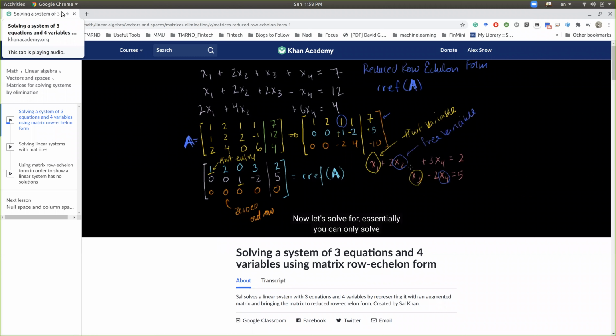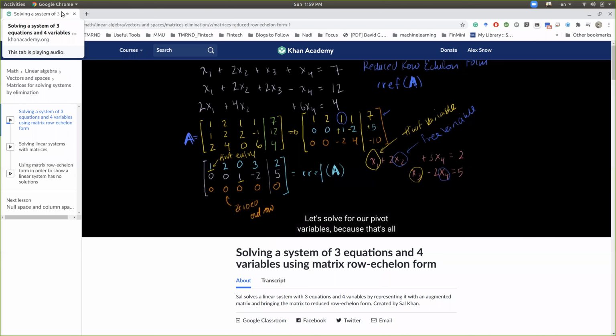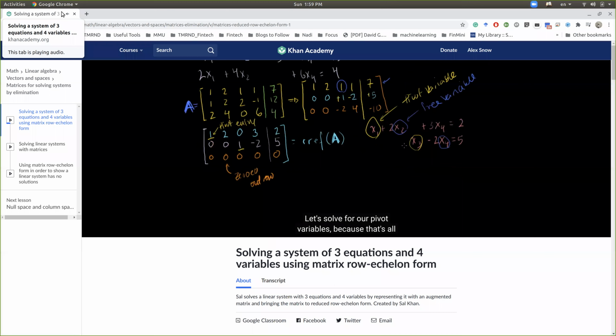But now let's solve for, essentially you can only solve for your pivot variables. The free variables we can set to any value, and I said that in the beginning. We have fewer equations than unknowns, so this is going to be a not well constrained solution. You're not going to have just one point in R4 that solves this equation. You're going to have multiple points. So let's solve for our pivot variables, because that's all we can solve for.